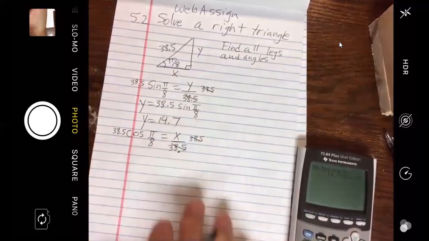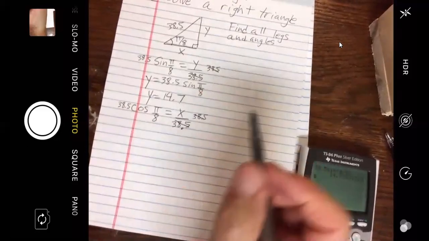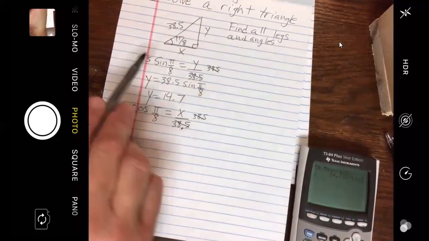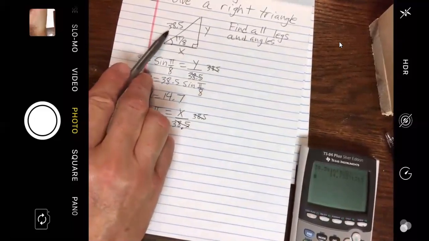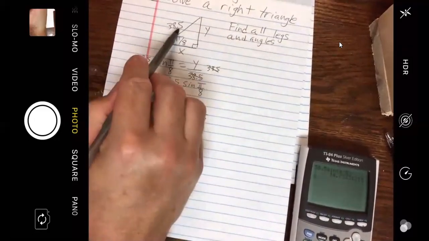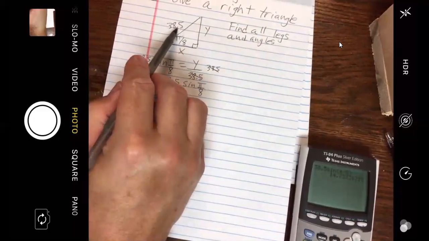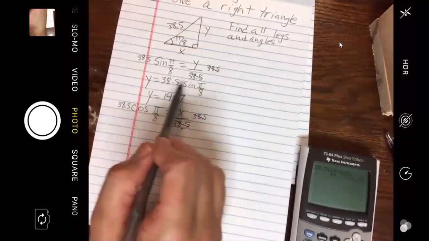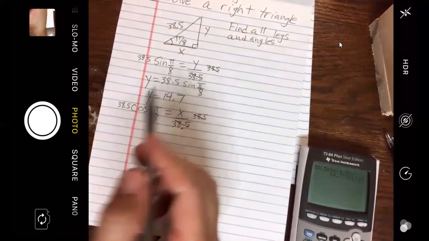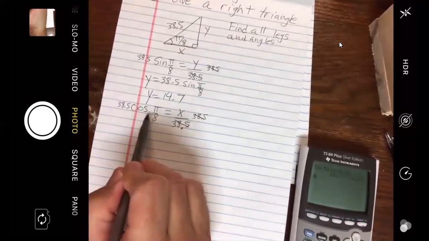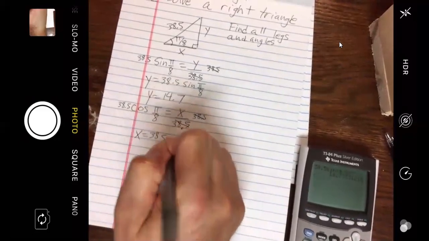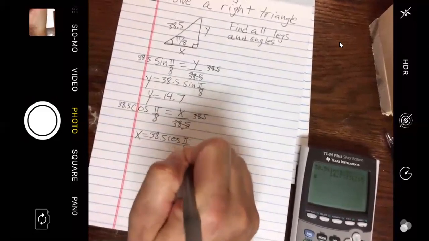And I guess the most important general point is that you always get a y coordinate from a sine, even though you're not on a unit circle. If you put this into a circle, which you could, your radius is 38.5. But you're getting your y coordinate from the sine, you're just scaling it by whatever your radius is, and you're getting an x coordinate from a cosine. So x is 38.5 cosine pi over 8.